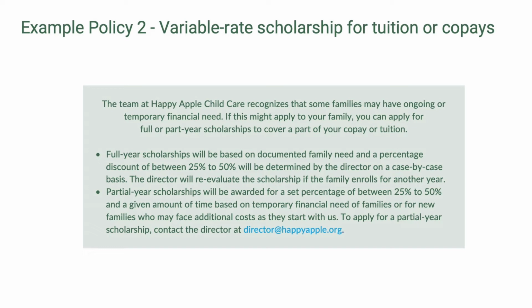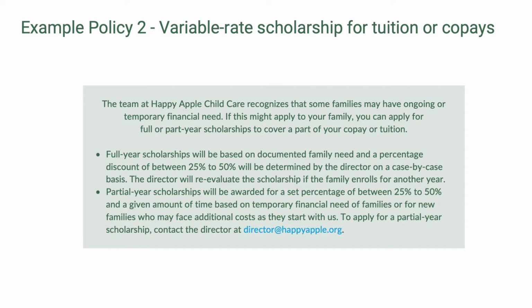So as you'll see here with this variable rate scholarship for tuitions or copay, you're still saying exactly what it is you're offering, and that is a scholarship to offset either tuition or copayments. Who can benefit from the policy?